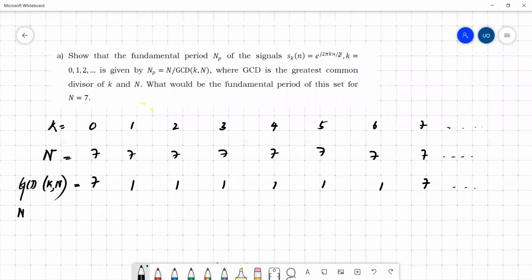So then the fundamental period is actually N divided by GCD. So this is 1. This is 7. 7. So this is the fundamental period distribution for this different set of signals.